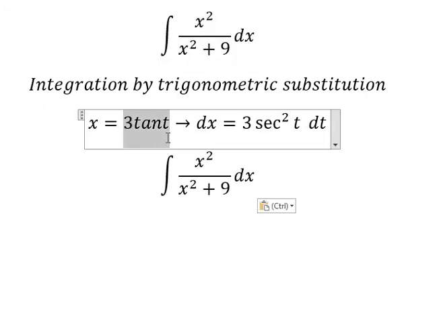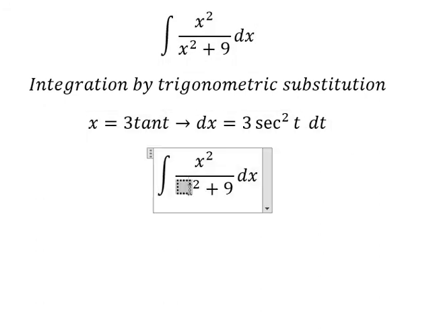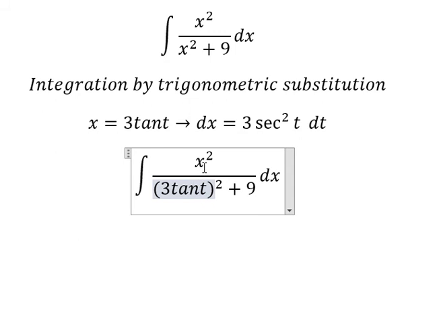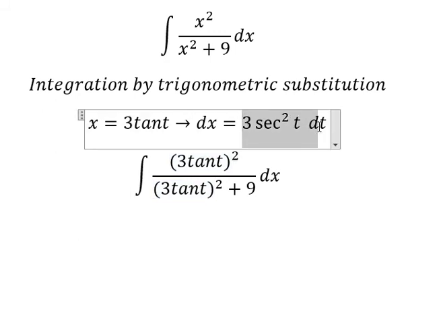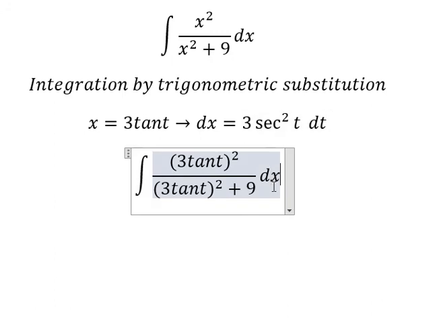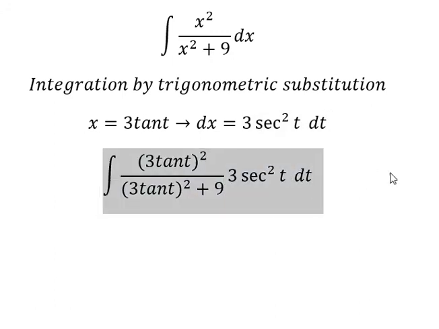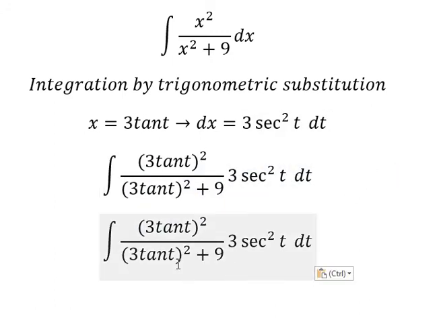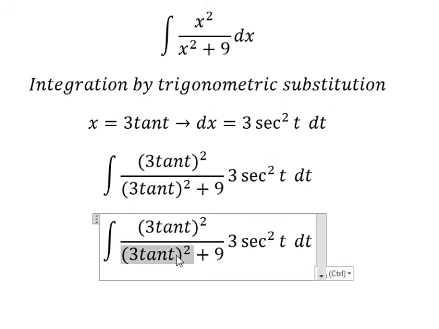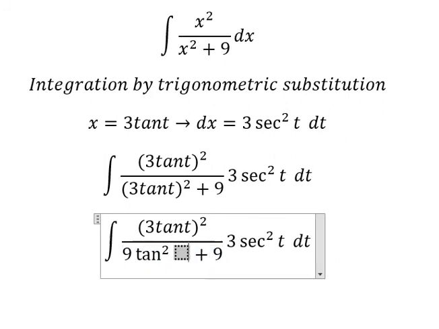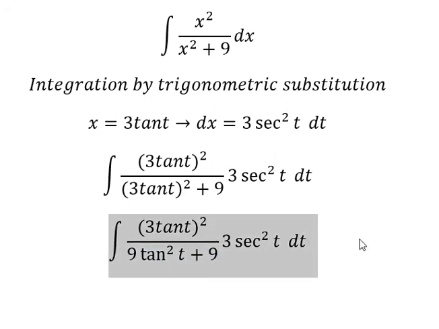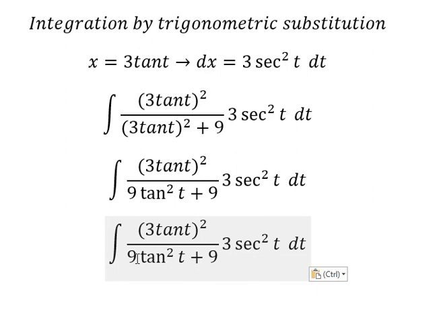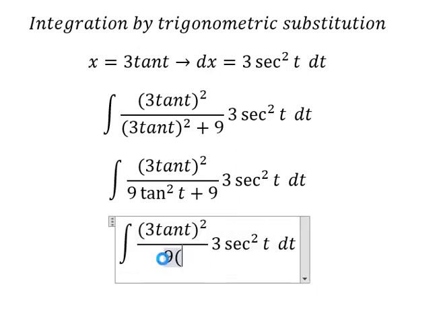So I will put this one here and here. The s we change by this one. This one we have 9 tan t squared. Number 9, we can factor out.